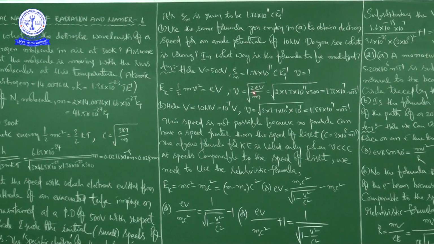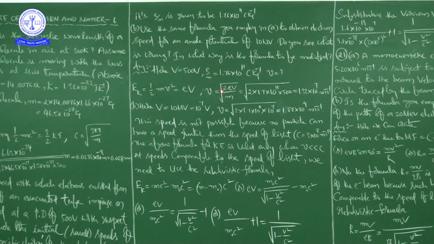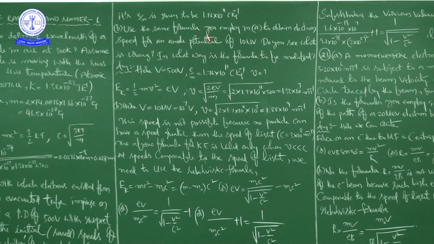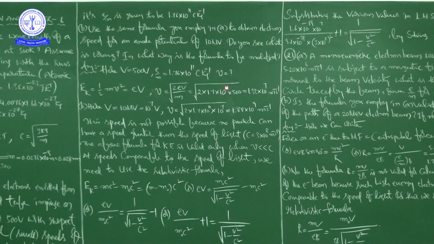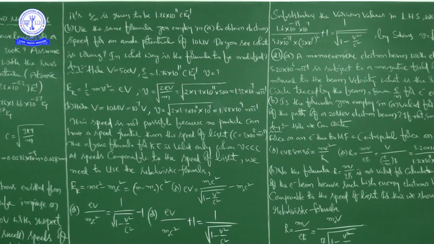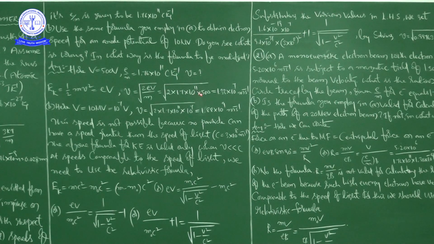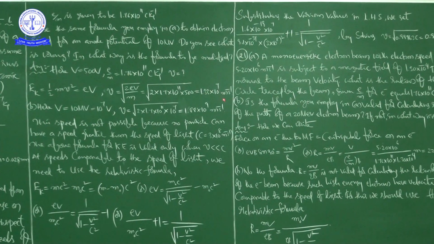Now this is 2 into e by m into V. So 2 is okay. The e by m value they have given, 1.76 into 10 to the power of 11, into the V value, which is 500. Finally we are getting 1.33 into 10 to the power of 7 meter per second.